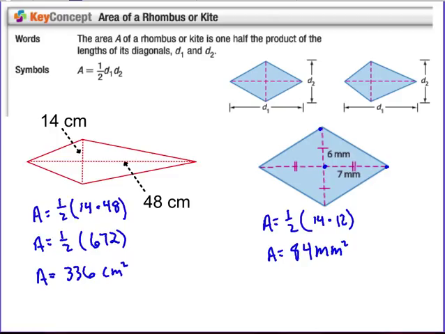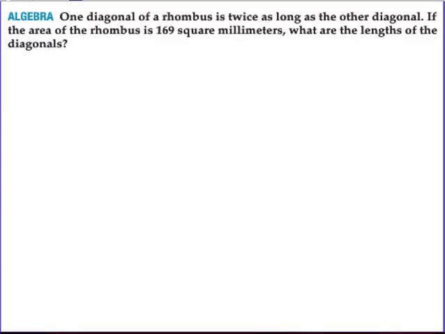A couple more sample problems just to give you an idea of what you'll be doing in your homework. The first one: a diagonal of a rhombus is twice as long as the other diagonal. If the area of the rhombus is 169 square millimeters, what are the lengths of the diagonals? So just remember the formula.